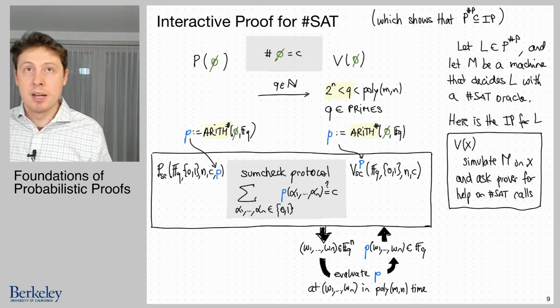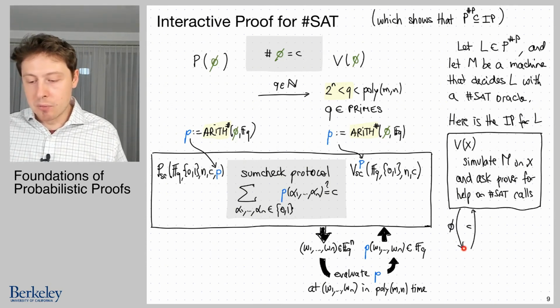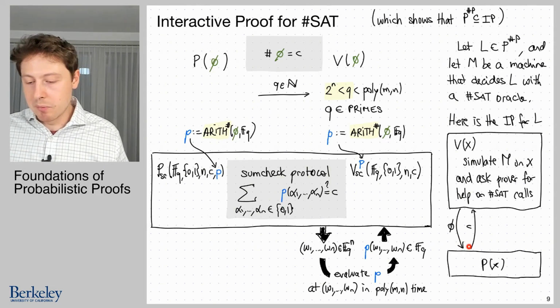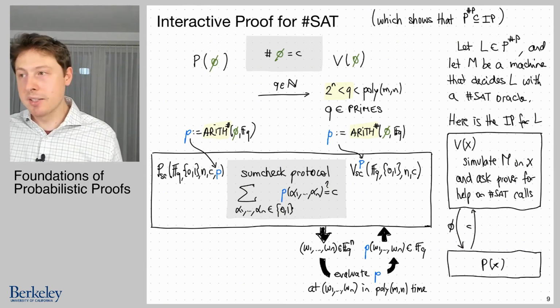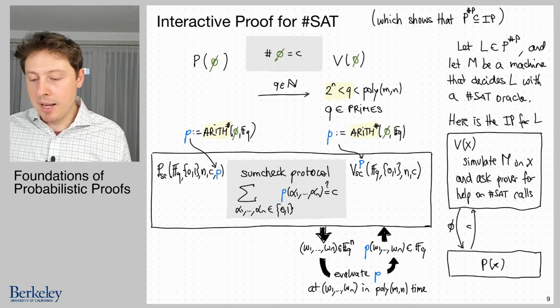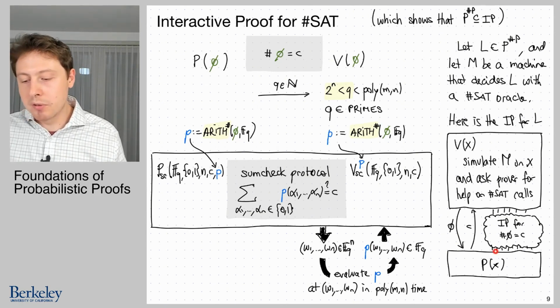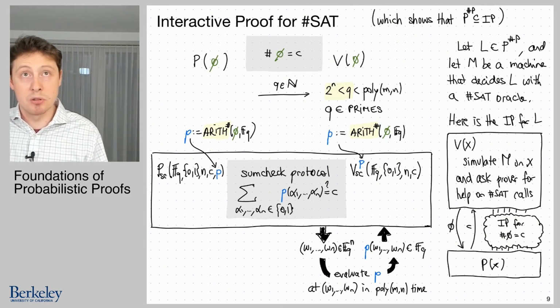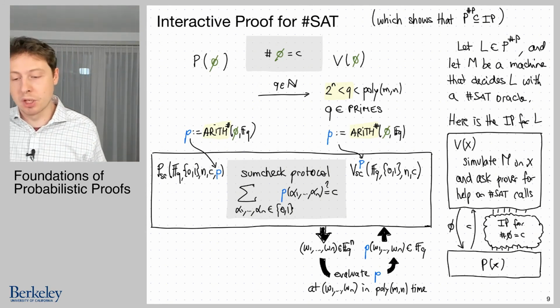Could you please ask the prover to help out? And it will say, sure, here's a formula. The prover will reply and say, thank you for the formula. This is the number of satisfying assignments for it. And you don't have to trust me. Let's run a sumcheck for that. And I just do this over and over again for as many calls as the machine wants to make. Okay? And this is an interactive proof for P to the sharp P.